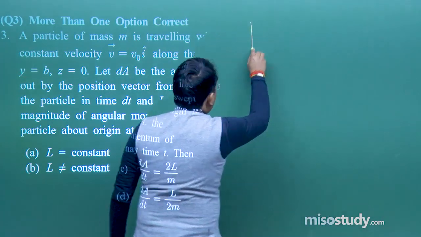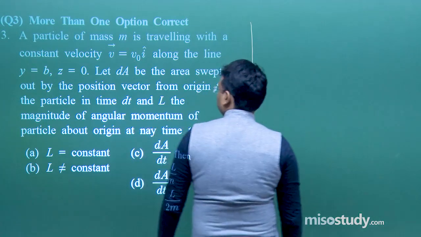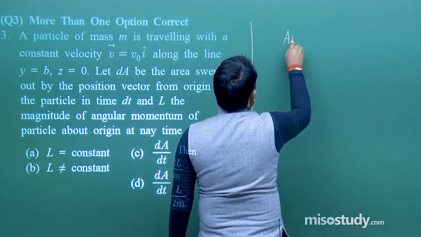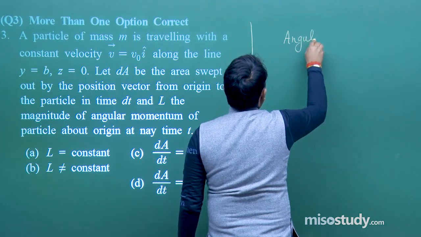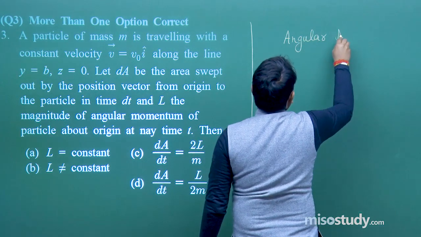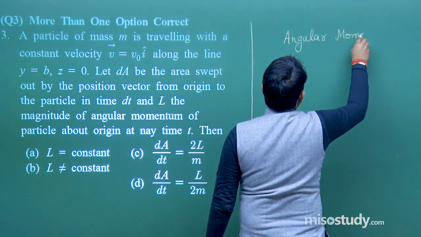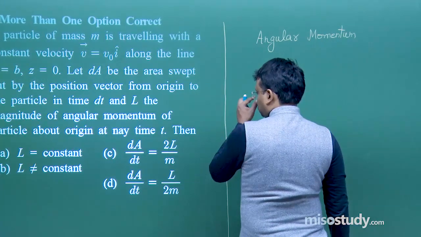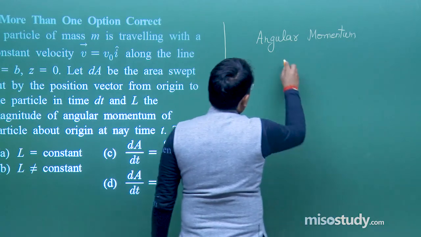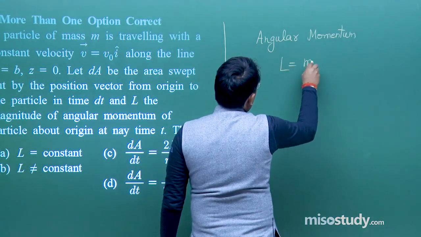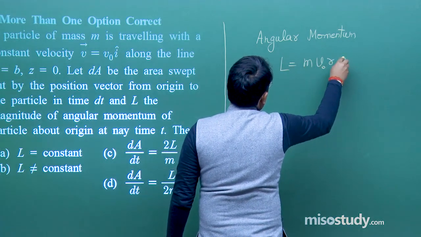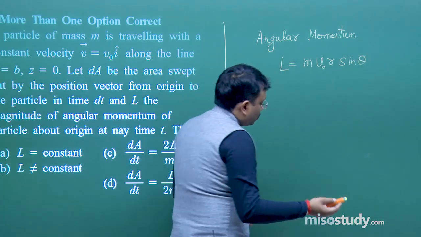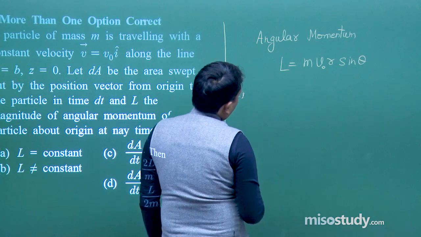Now, angular momentum L is equal to, I am not drawing the diagram because it is so simple.